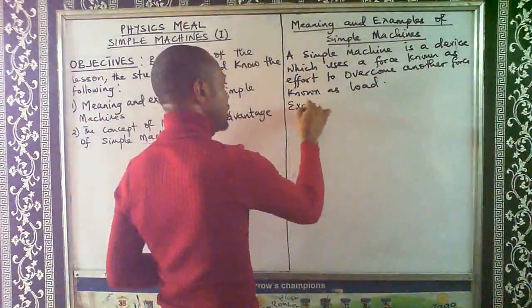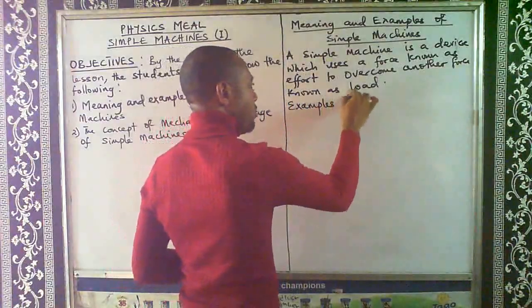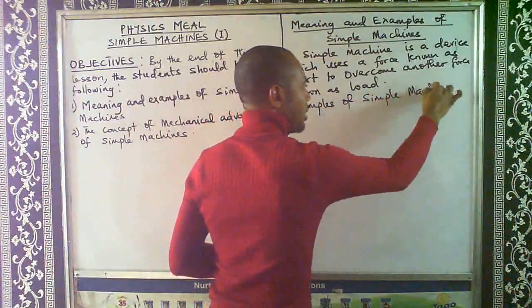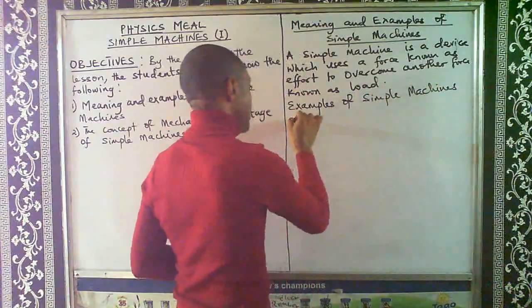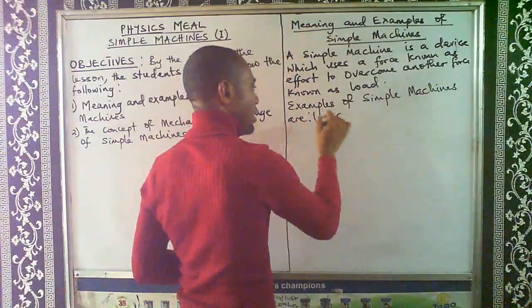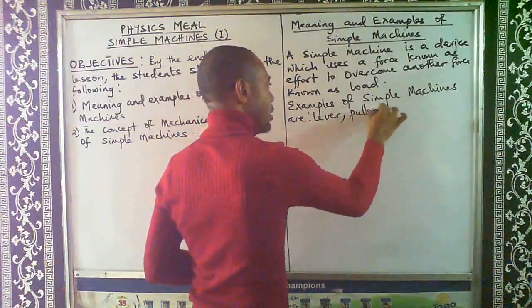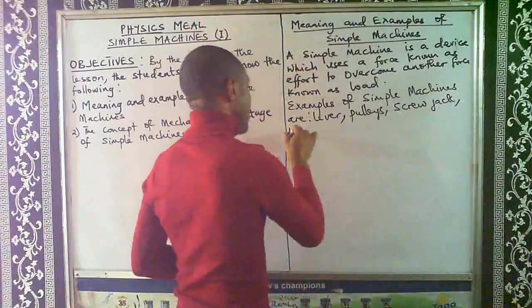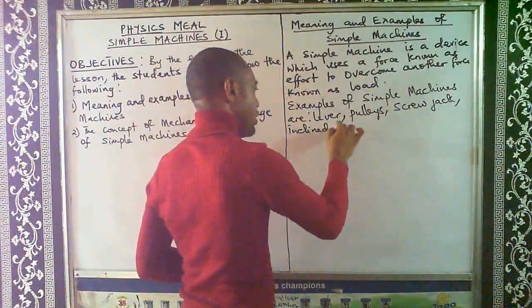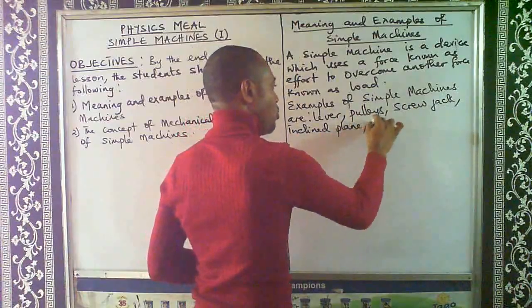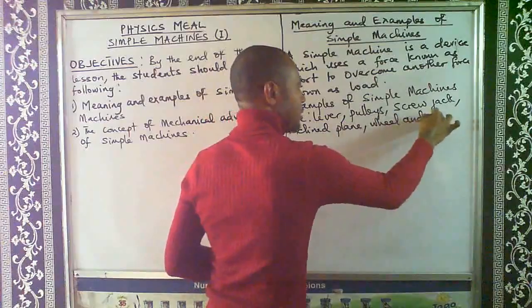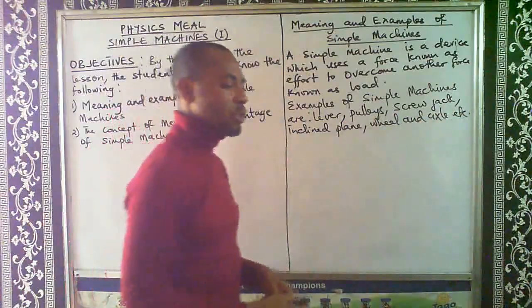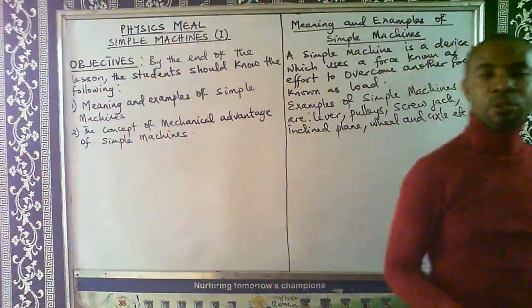Examples of simple machines are lever, pulleys, screw jack, inclined plane, wheel and axle, etc. All these are examples of machine.